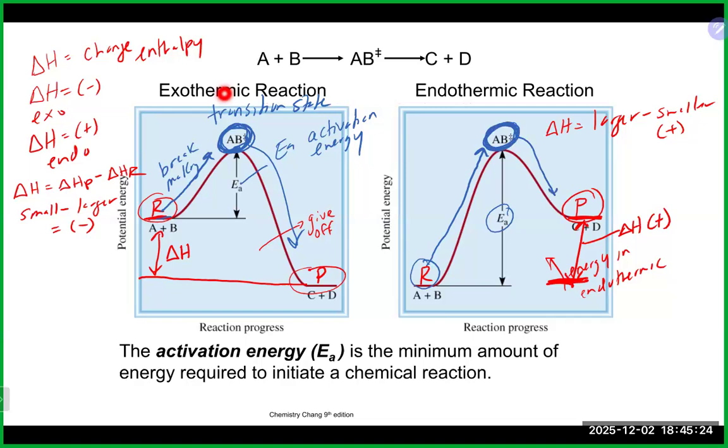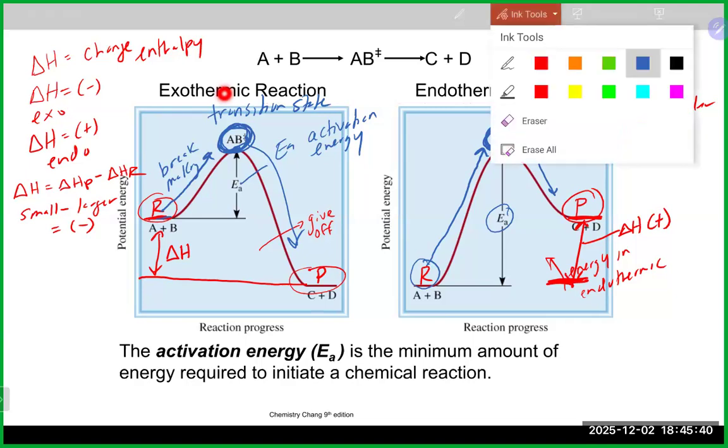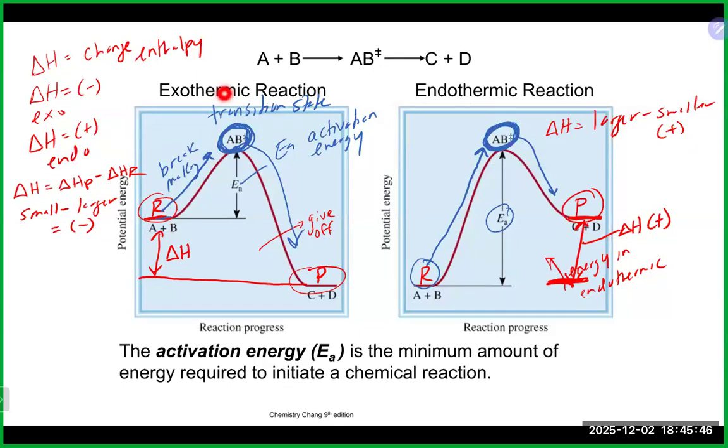The actual activation energy hill plays a really big role in terms of reaction rates. The bigger the activation energy, the slower the reaction, right? A lot more energy is needed to get to the other side. Typically, it's going to take longer to do so. If you add a catalyst, which is not a reactant nor a product, it typically can speed up the reaction by finding an alternative pathway for that reaction to take place.